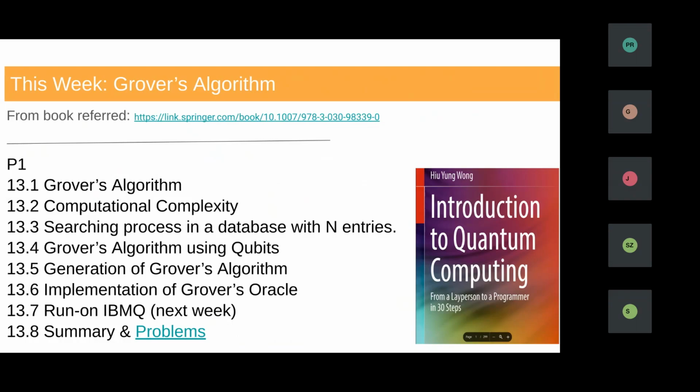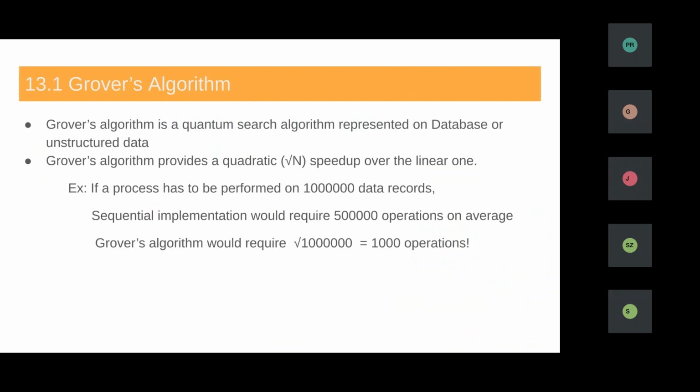We are talking about Grover's algorithm, the complexity associated with computation for that, the searching process in a database with n entries, Grover's algorithm using qubits, and generalization of Grover's algorithm. Probably the implementation we'll skip, which will go to the next week. So I'll quickly go through the algorithm.